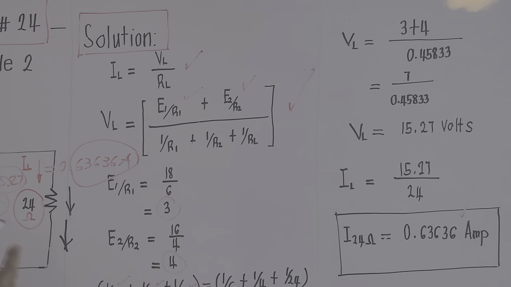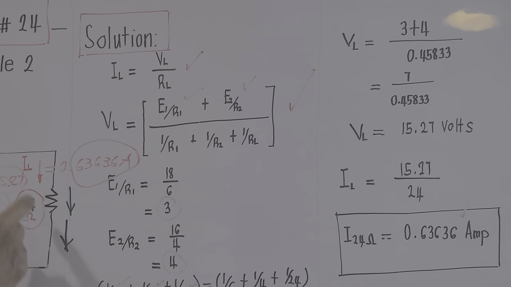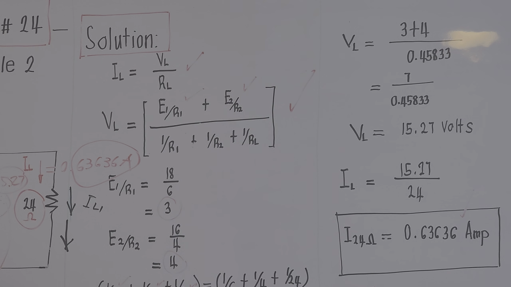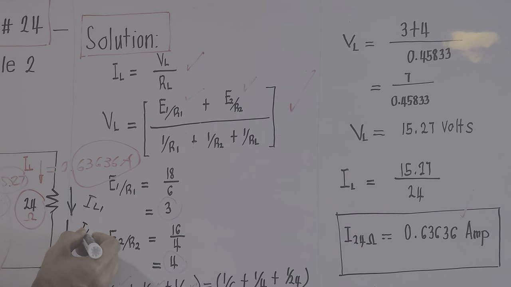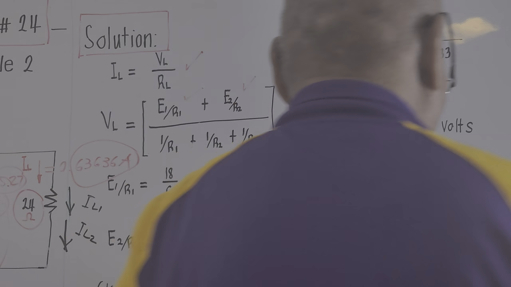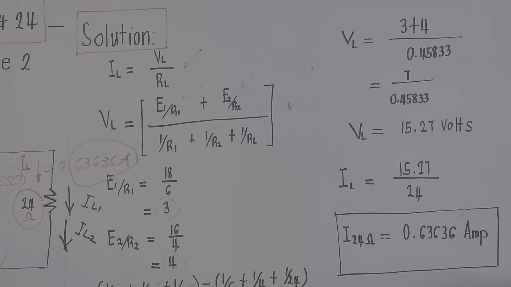If we now consider the two voltage sources, the total current passing through the 24 ohm load will be IL1, the current coming from the 18 volt source, plus the current coming from the 16 volt source. They are designated by these two values here, 0.2727 and 0.3636. We are just taking the algebraic sum. They are not vectors, it's just real numbers for a DC circuit.